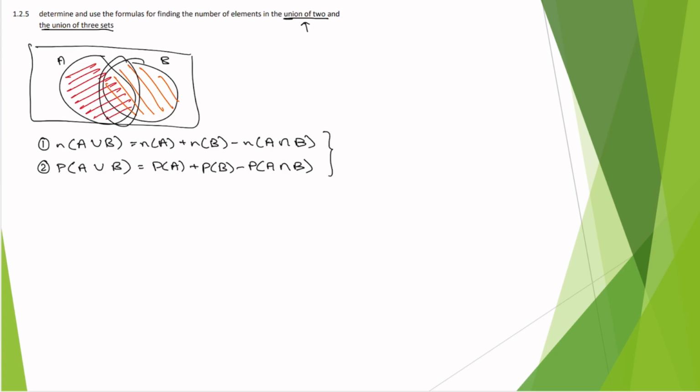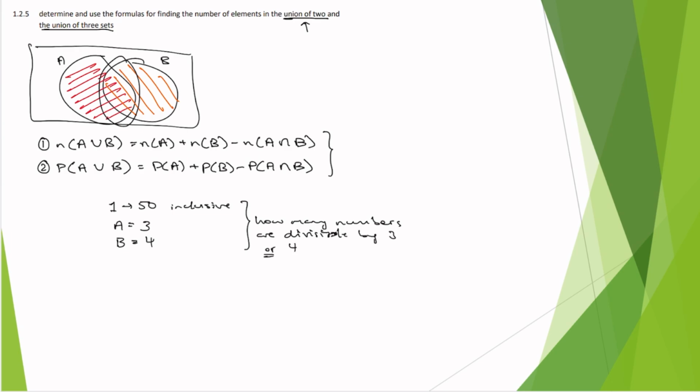Let's say we are thinking about numbers between 1 to 50 inclusive. Let's say our event A is where the number is divisible by 3, and our event B is where it's divisible by 4. What we want to find is how many numbers between 1 to 50 inclusive are divisible by 3 or 4.